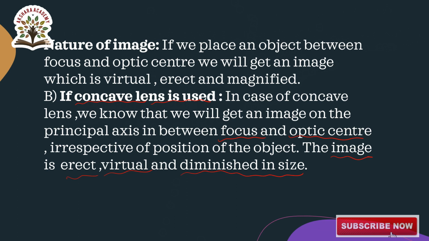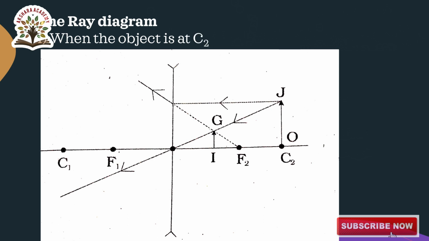So now we'll discuss the first case, when the object is at C2. This is the representation of the concave lens.